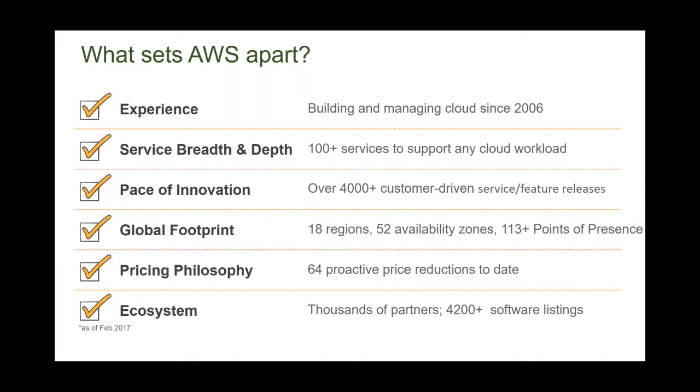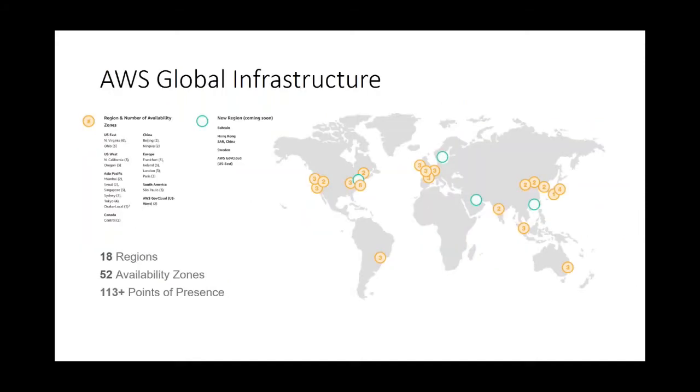Just to give you a little more information on the global infrastructure: there are 18 regions, and in each region there is more than one availability zone. We have 52 availability zones, customers in 190 countries are using AWS services, and we have 113 points of presence in about 24 countries.